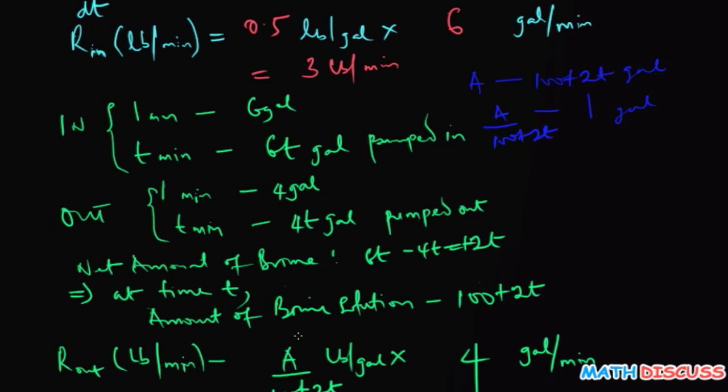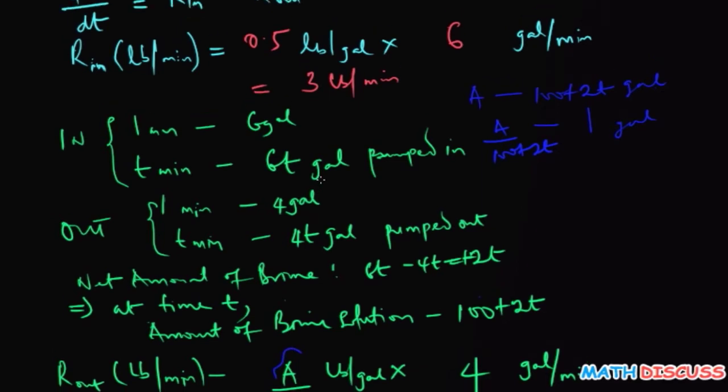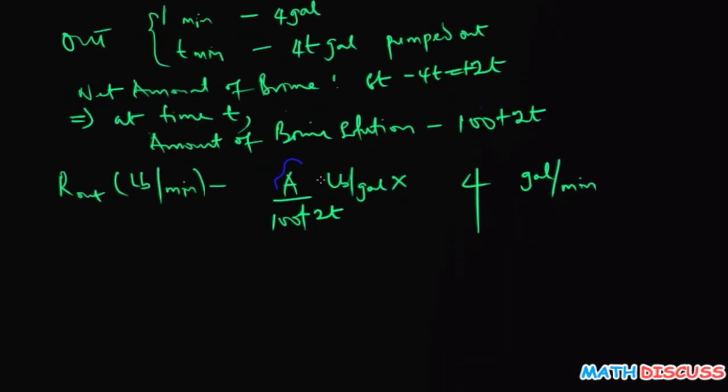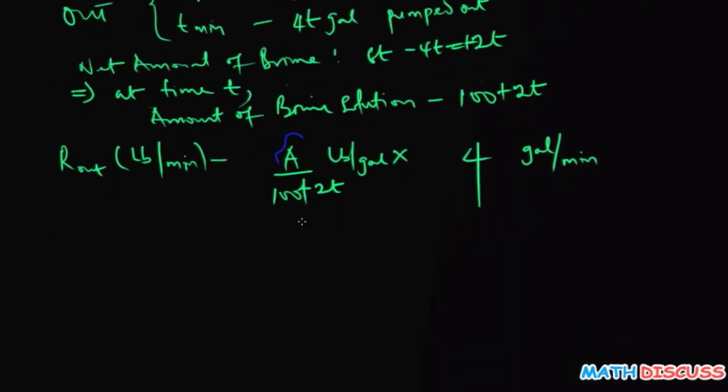That was how I got the 100 plus 2t that we have here. So this implies that R out equals 4A divided by 100 plus 2t pounds per minute. So now we have our R out to be this.